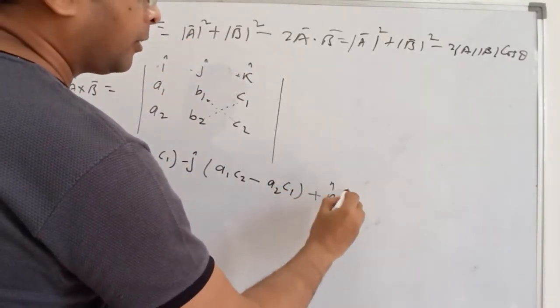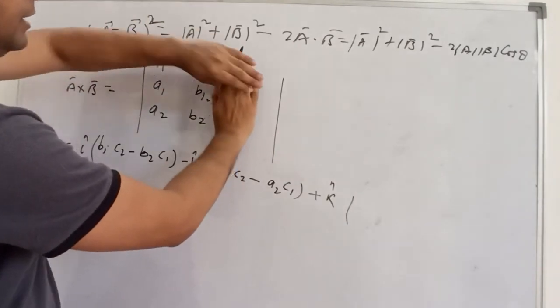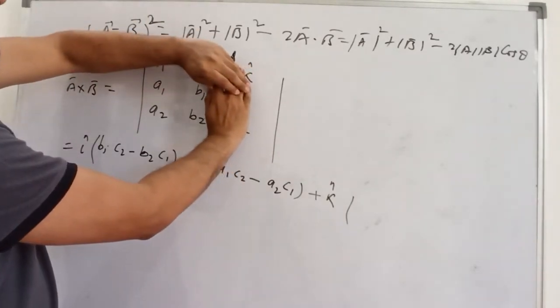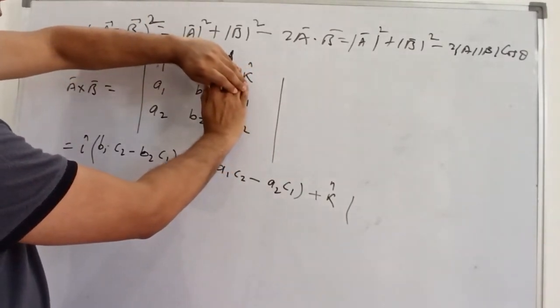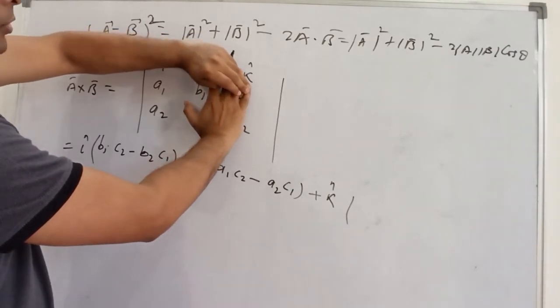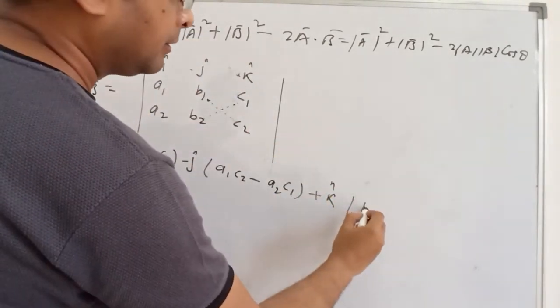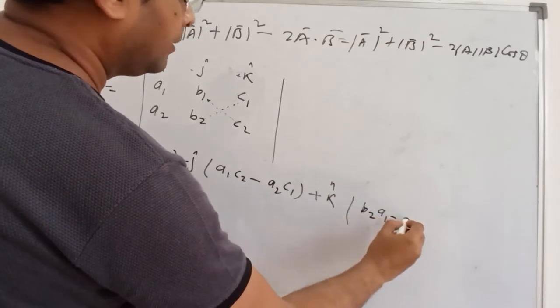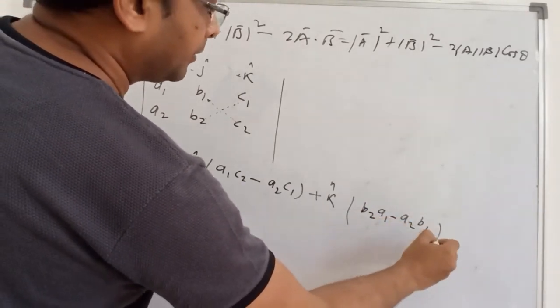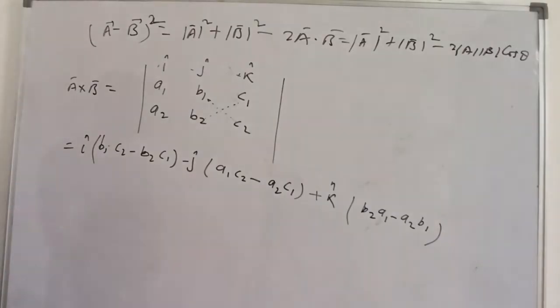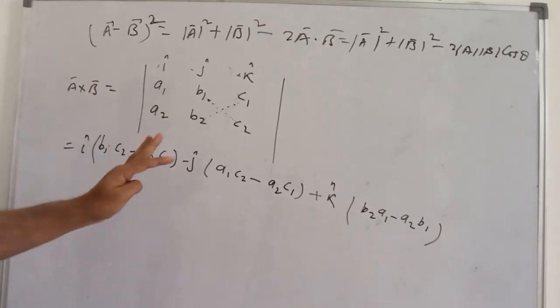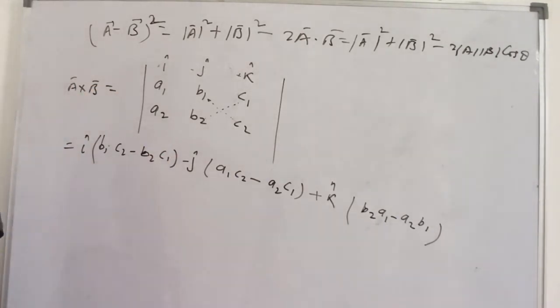Plus, when we write about k cap, eliminate this, you are left with A1, B1, A2, B2. So bottom right B2 into A1, so you can write B2 A1 minus A2 B1. Now this is the expansion of this entire thing, A vector cross B vector. Just note down, it's very important.